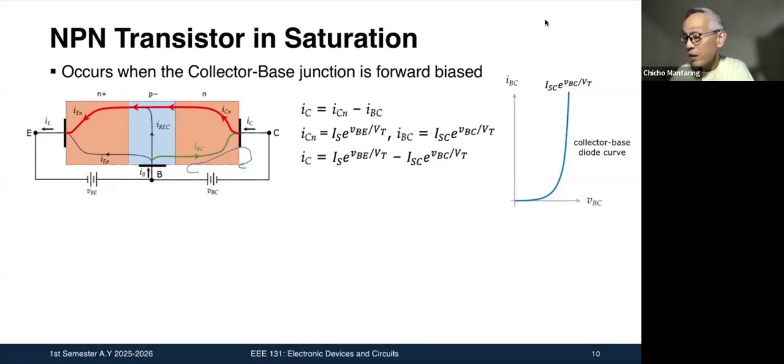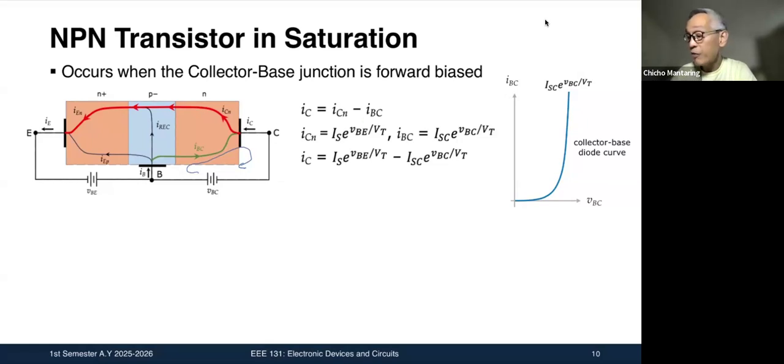So what happens when I compute now for IC? I have ICN, but I have to subtract from ICN this IBC. What is ICN? ICN is just my forward active collector current.